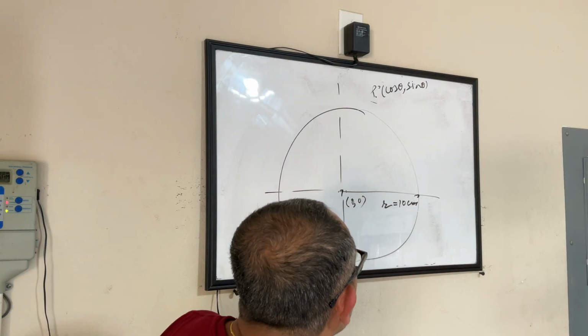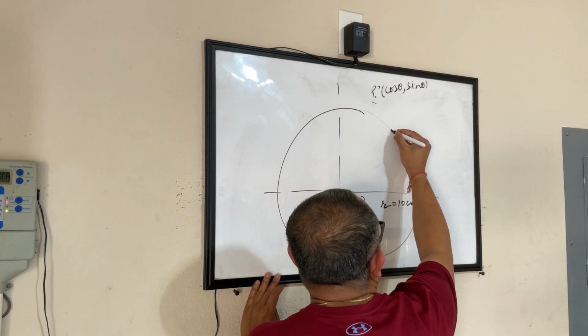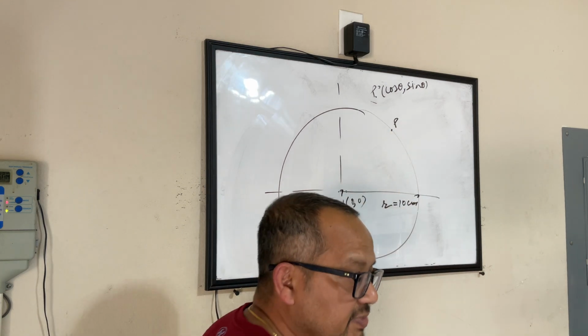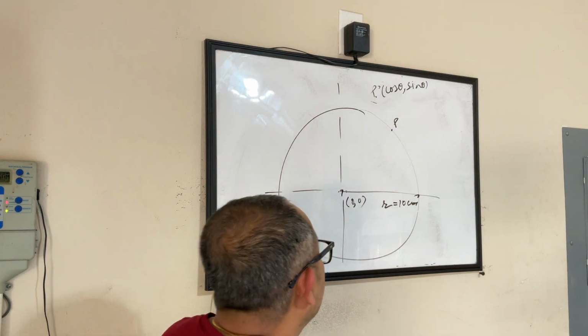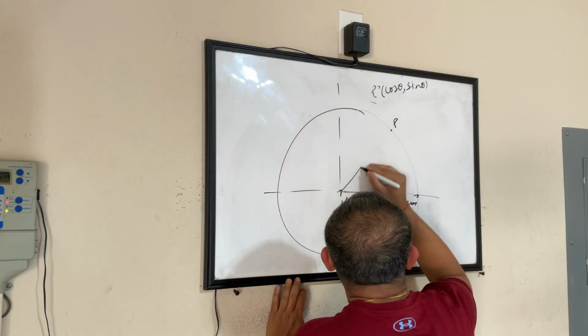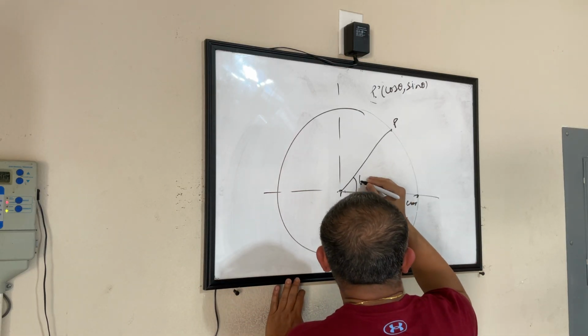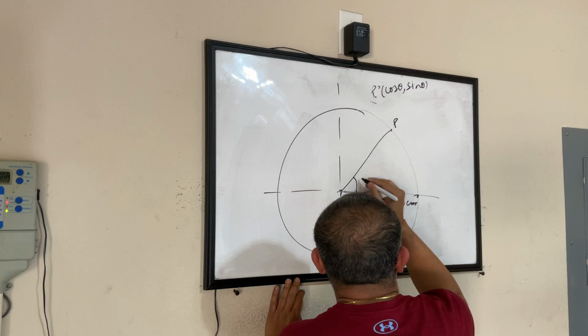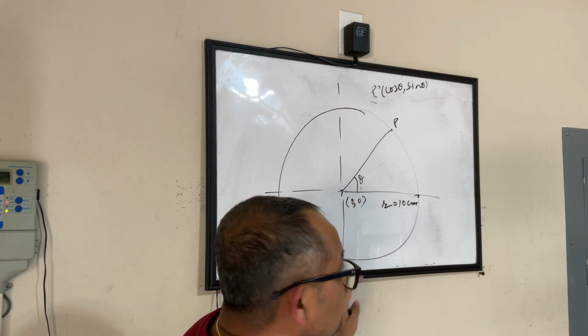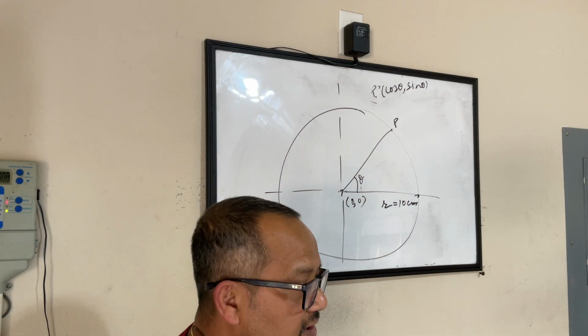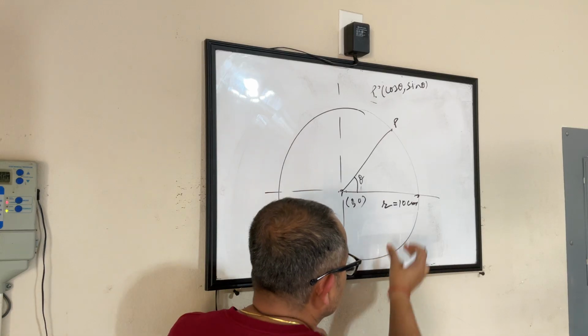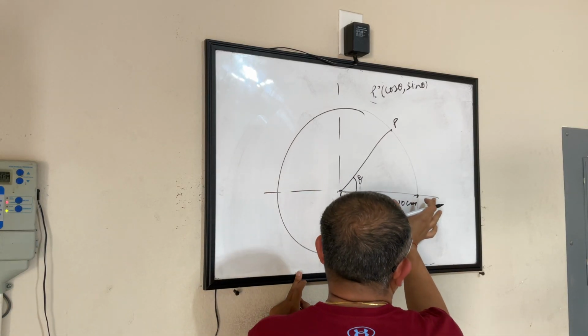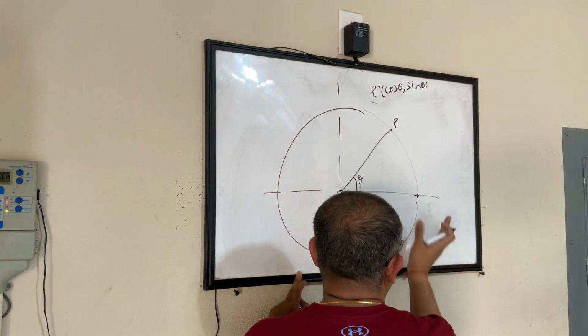In that case, if somebody says find out the x and y coordinate of point P on the perimeter, which is, let's say, theta. Find out the coordinate of this point P in this situation. So if this is 10 centimeter, or let's say this is r, I'm just giving it a variable name, r.